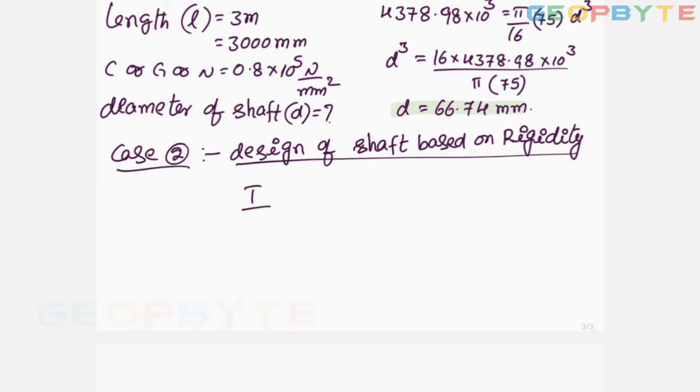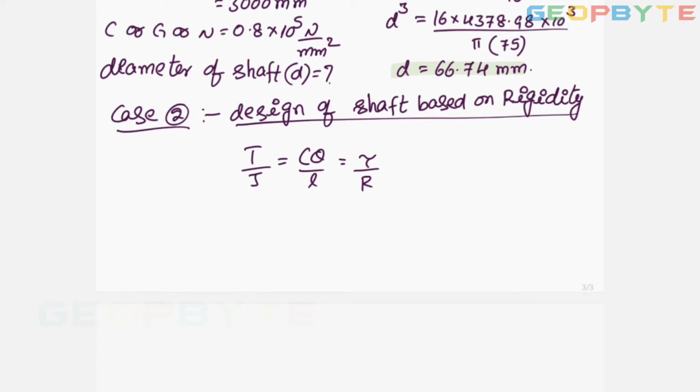You know, T by J equal to C theta by L equal to tau by R. Take the relation T by J equal to C theta by L. From this, polar moment of inertia J equal to TL by C theta.